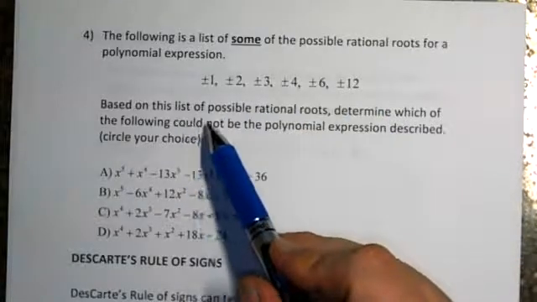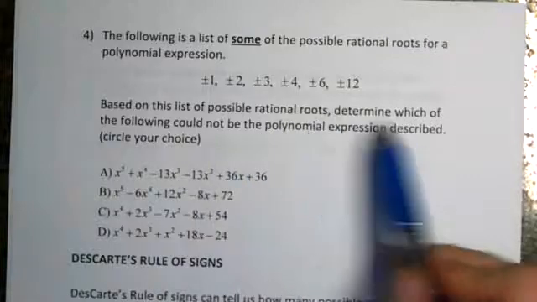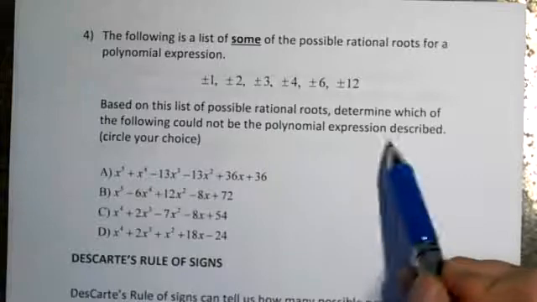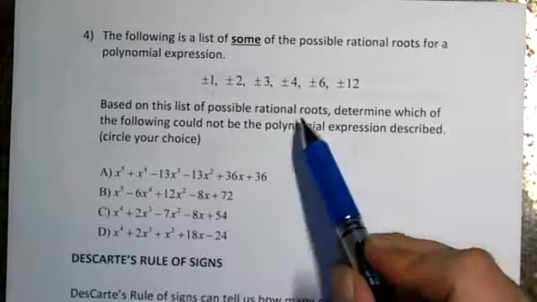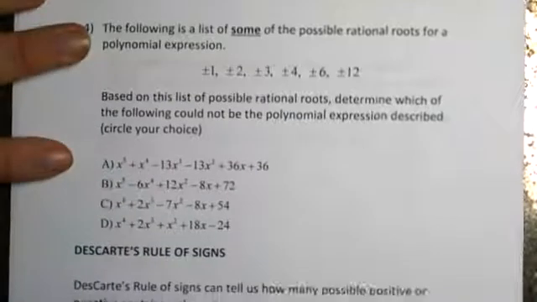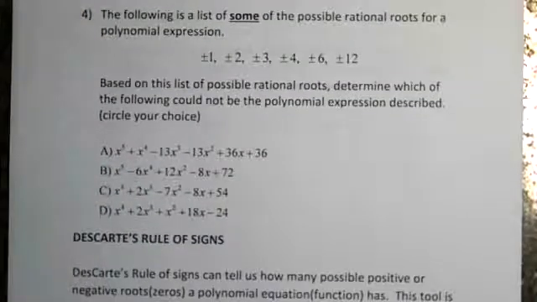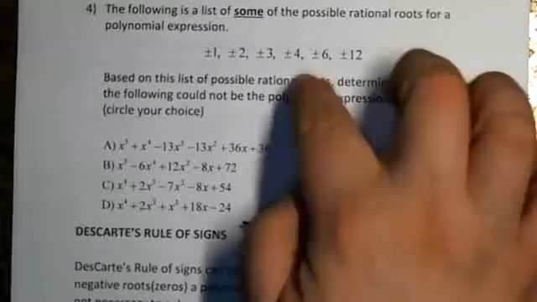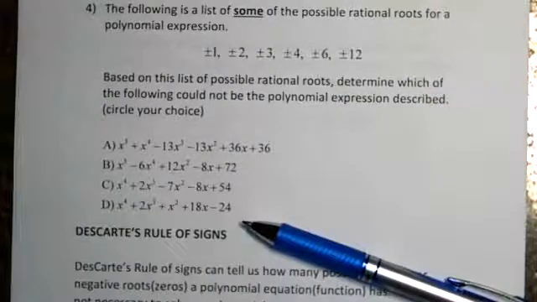Based on this list of possible rational roots, determine which of the following could not be the polynomial expression described. Circle your choice. So based on those roots, go ahead and put the video on pause and decide which one of these could not be the polynomial represented that has some of these roots. We're going to check it in just a second.